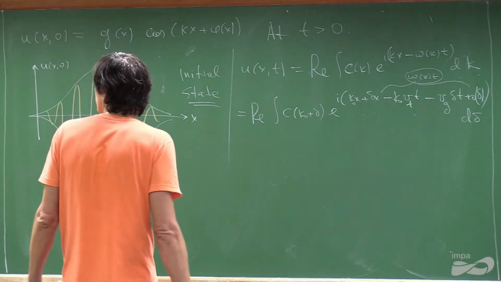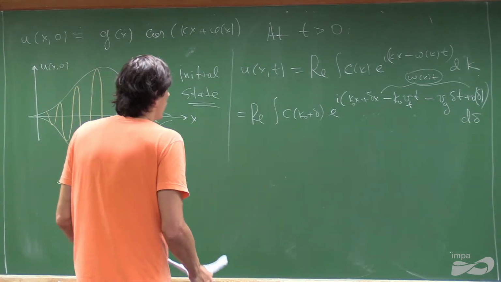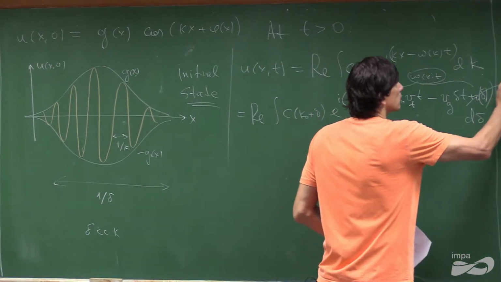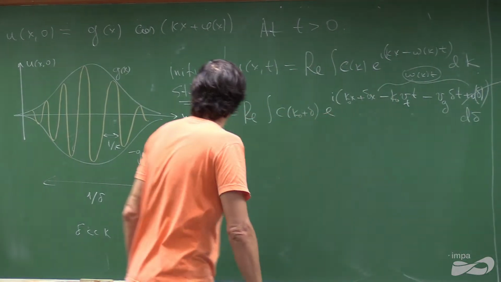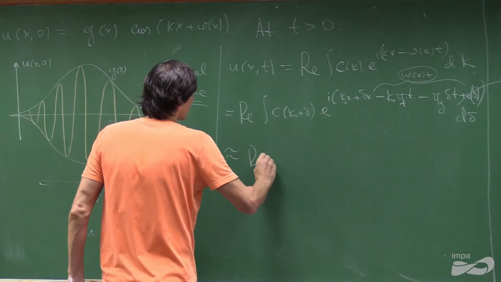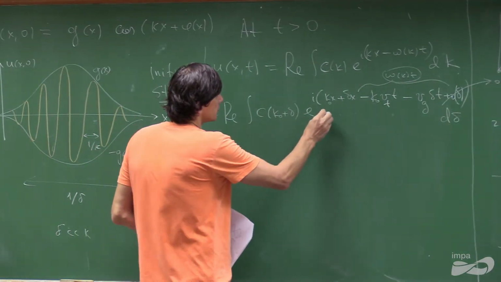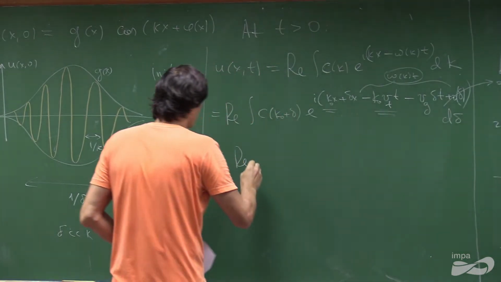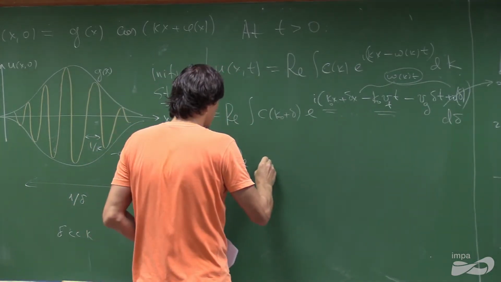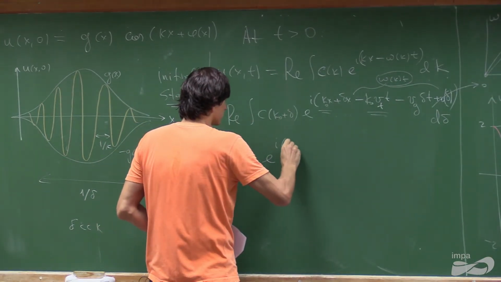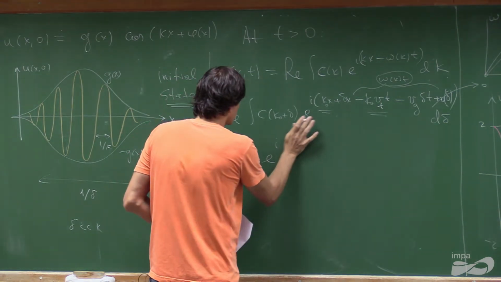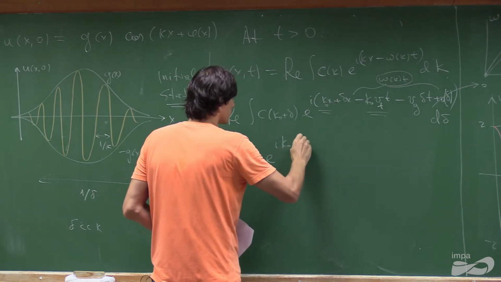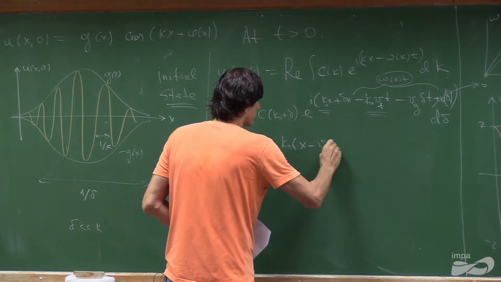Is it correct? Yeah. Okay, so now we neglect small corrections. So we say this is approximately the real part. And then you see this exponent does not depend on delta, and this exponent does not depend on delta. So we can put them out of the integration. And what you get here is i k0 can be taken out of the parentheses, x minus vf t.